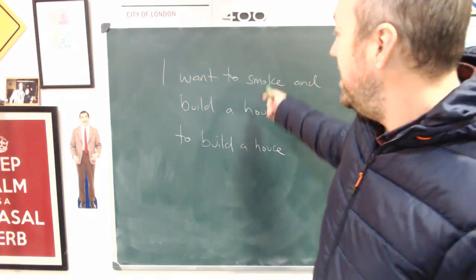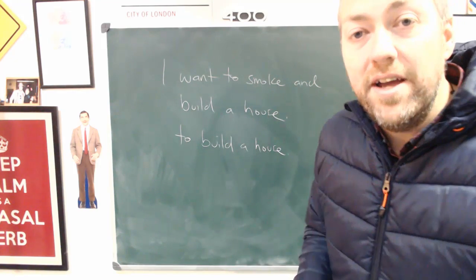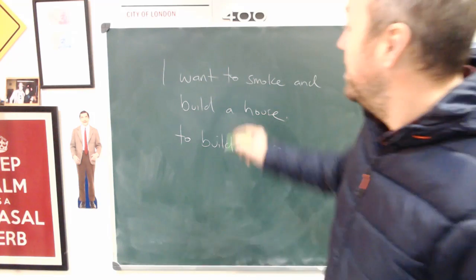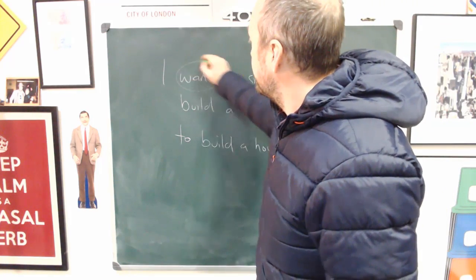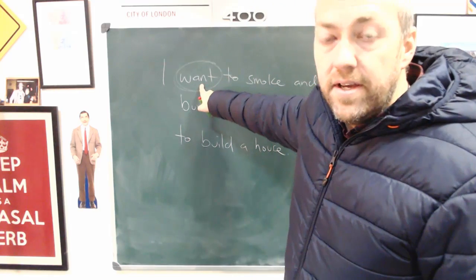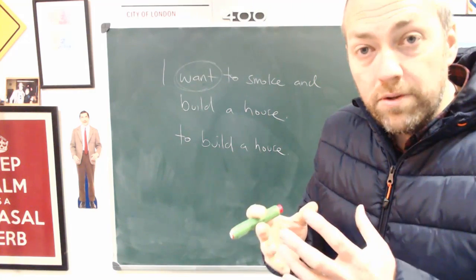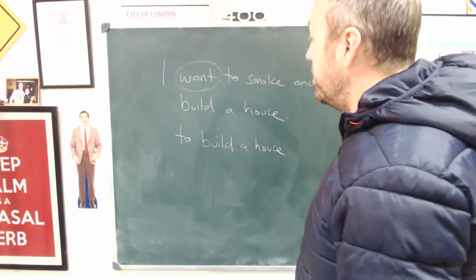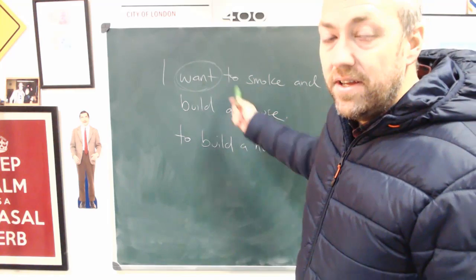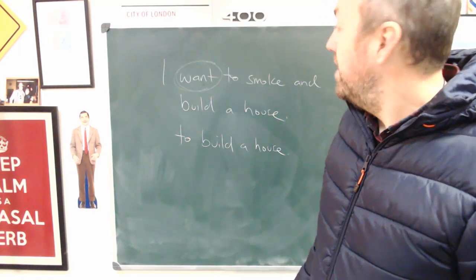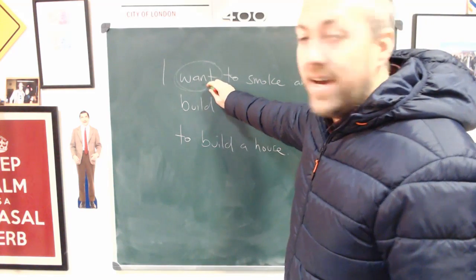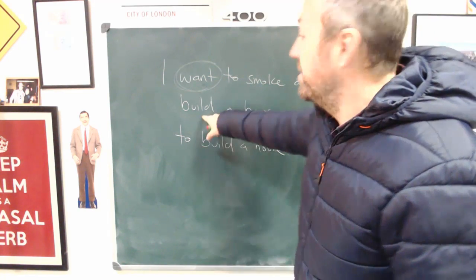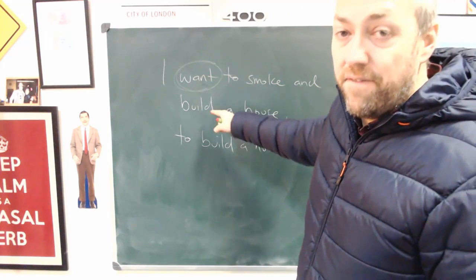In the first sentence, we are using what's called ellipsis. Ellipsis is when this verb here is controlling two parts of the sentence. I want to smoke and build a house. So here, I know that to smoke and build are from the verb want.